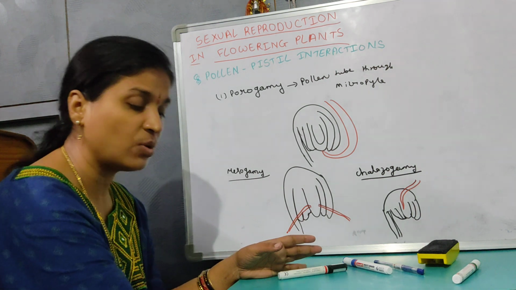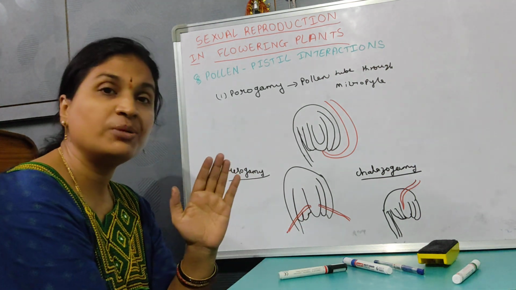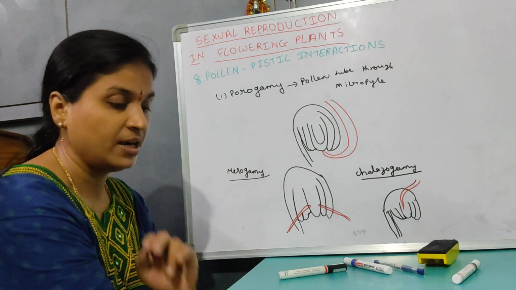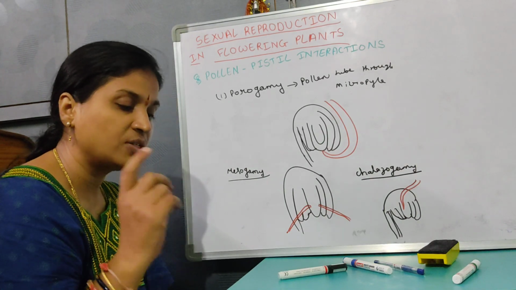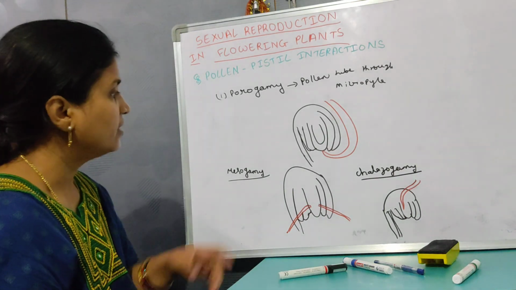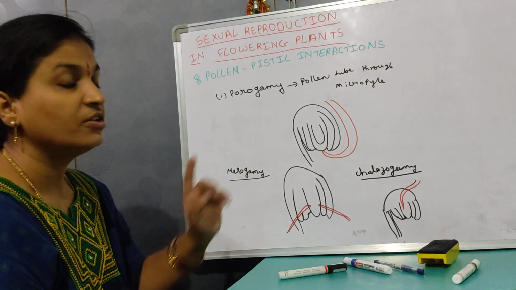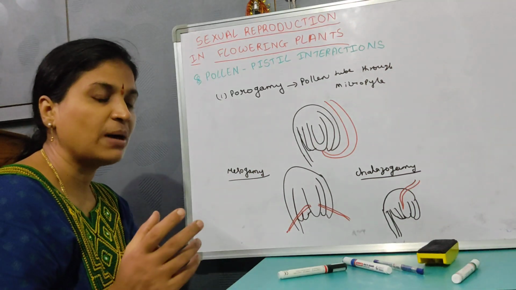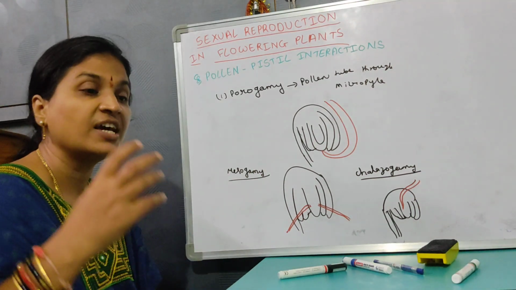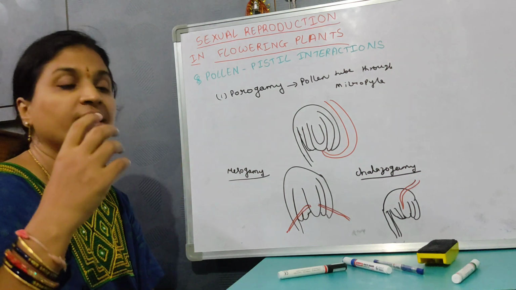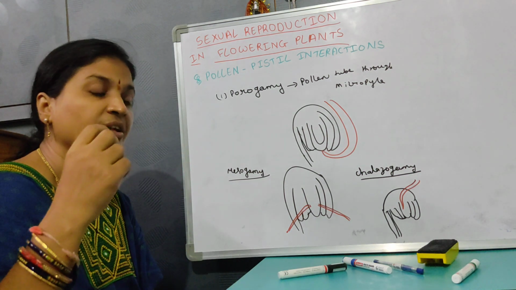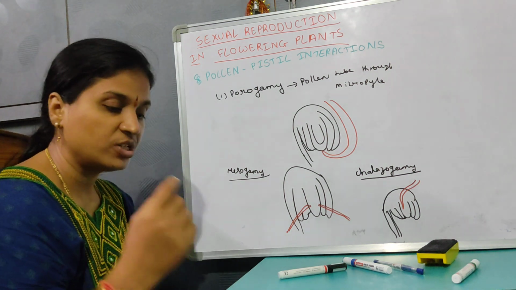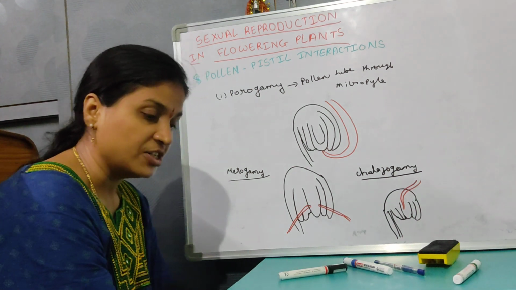Now what is there? The pollen tube is carrying the 2 male gametes. And this pollen tube comes near the filiform apparatus, and this filiform apparatus, which is present near the micropyle, guides the pollen tube to enter into the synergids.